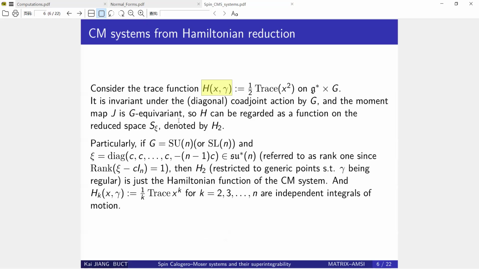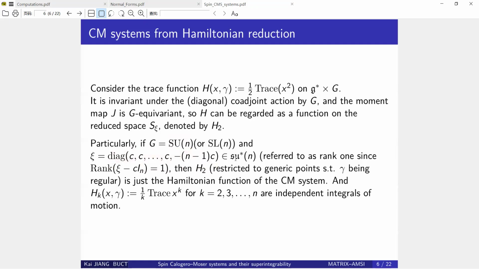Now, particularly if G equals SU(N) or SL(N), this is the complex one, and this is the compact Lie group. Particularly, we choose a special orbit, which passes through this particular point.